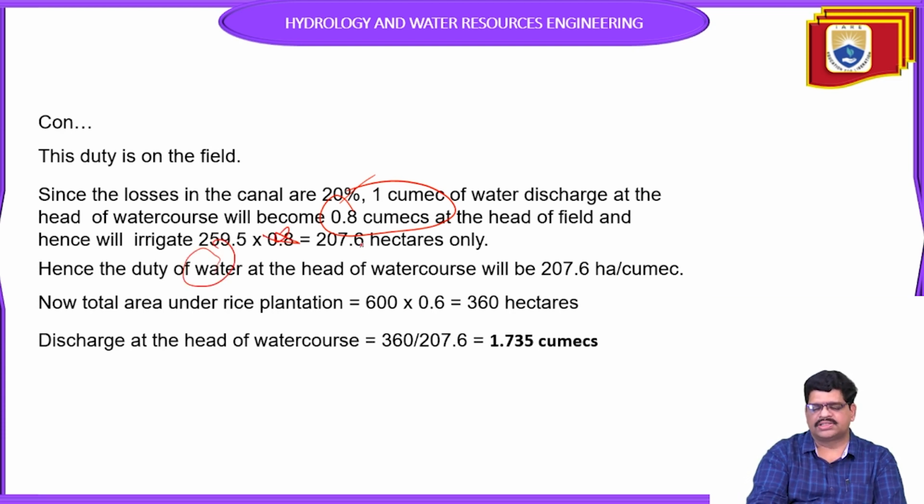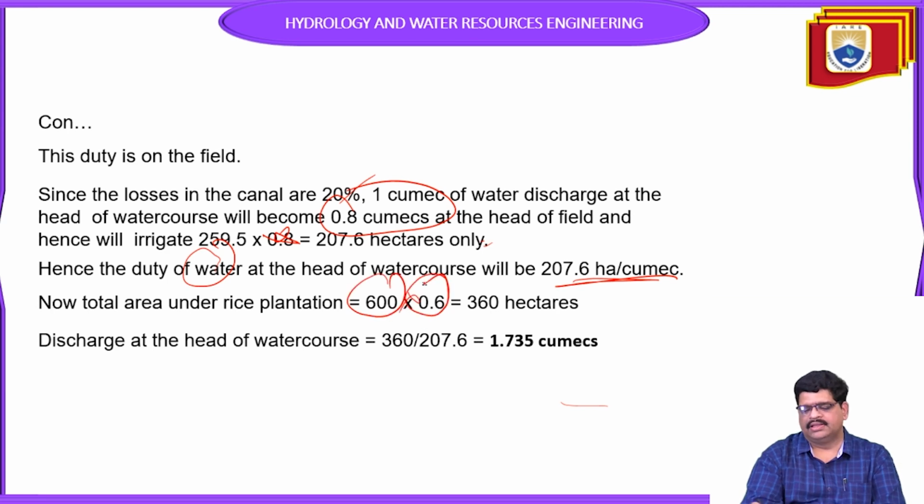That is equal to 207.6 hectares only. Hence the duty of the water requirement is 207.6 hectares per cumec. From this, the area of the rice plantation is 600 multiplied by 0.6, that is equal to 360 hectares.